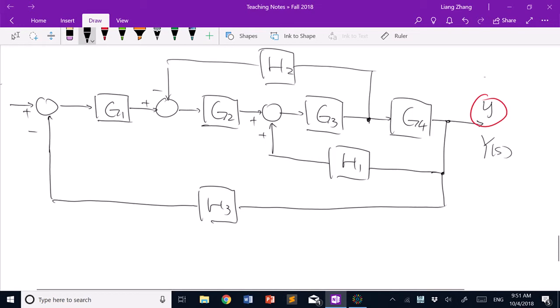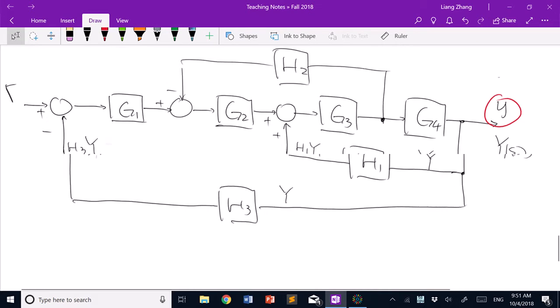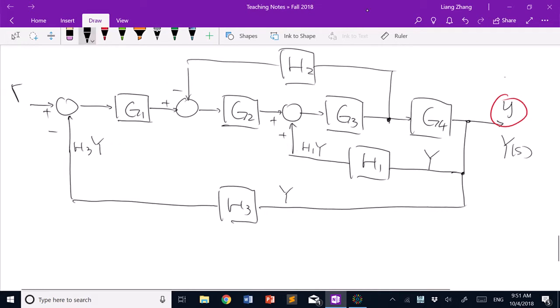Now, if this is Y, that means in the 2 loops, I have Y here and I have Y here. And of course, this will be H1 times Y, and this will be H3 times Y coming back. On the left-hand side, this will be R of S, my reference input.